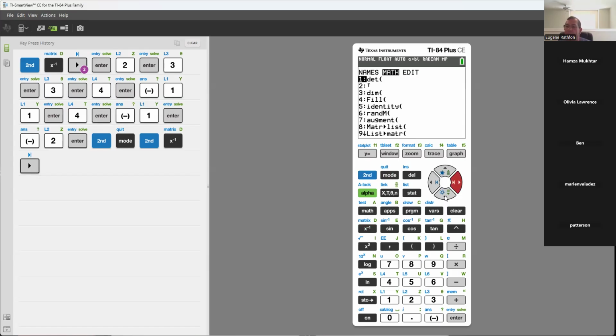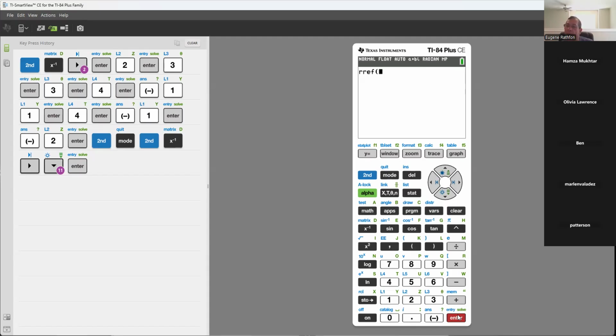When you've got the math column highlighted, you're going to arrow down to B where it says RREF. When you get on that, you're going to hit enter. What this does is reduced row echelon form of the matrix, where it will actually solve it for us.